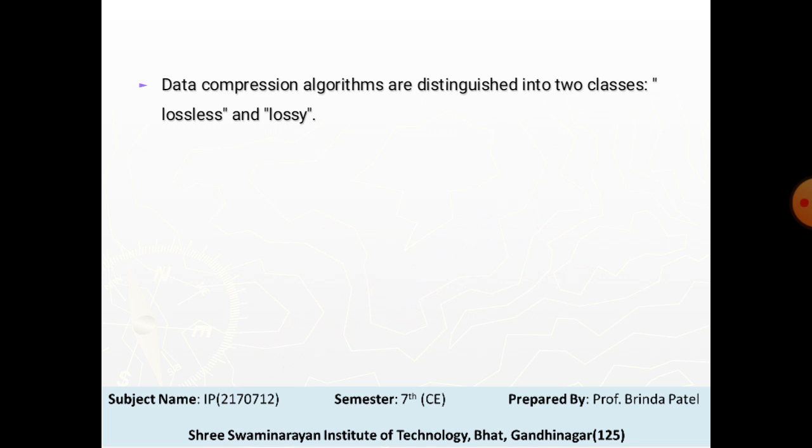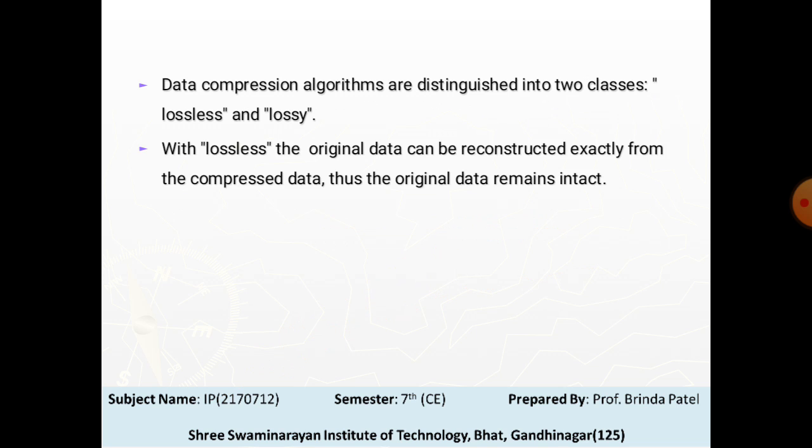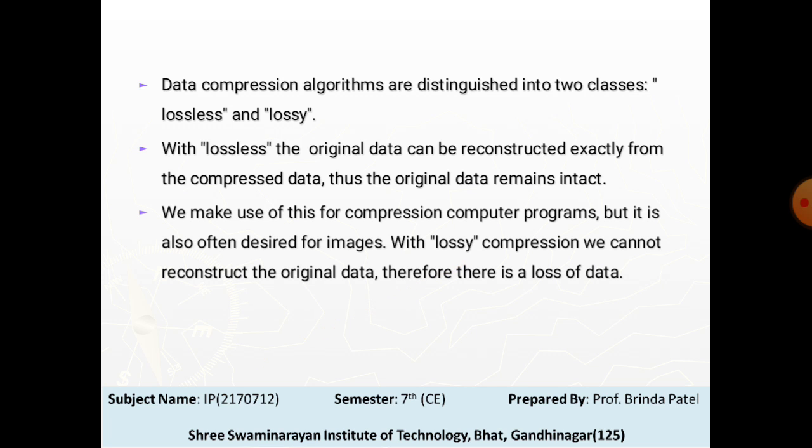So data compression algorithms are distinguished into two classes, lossless and lossy. With lossless compression, the original data can be reconstructed exactly from the compressed data, and the original data remains intact. Here we make use of these compression computer programs, but it is also often desired for images.